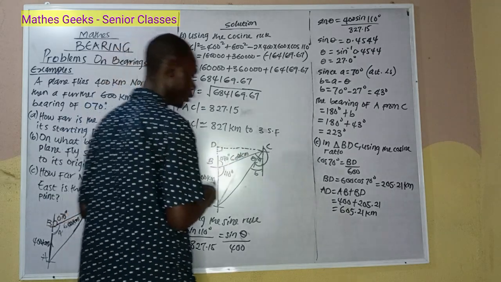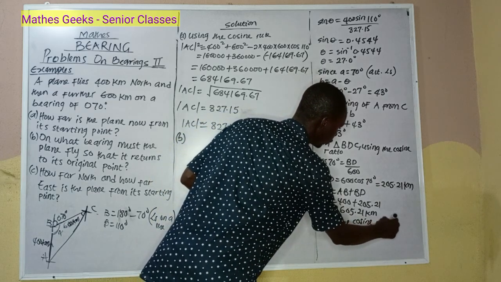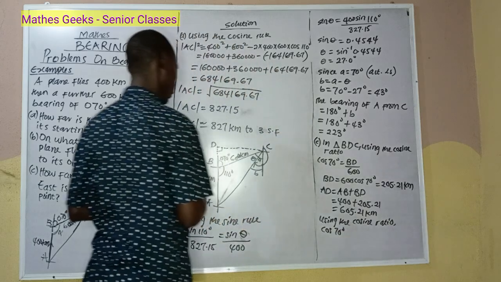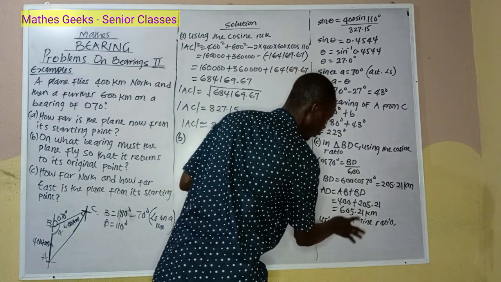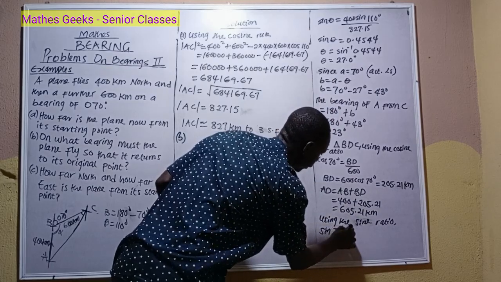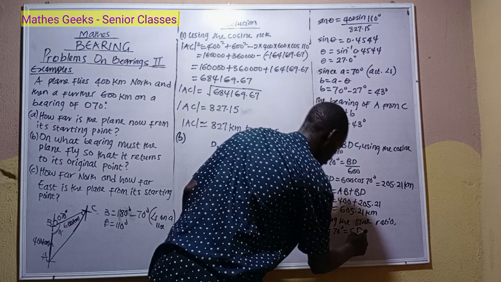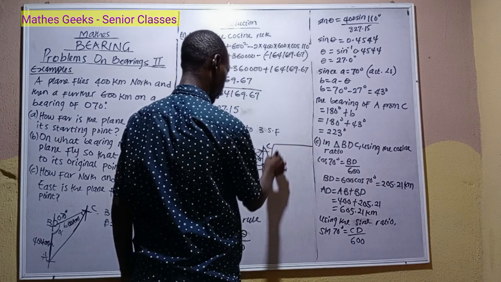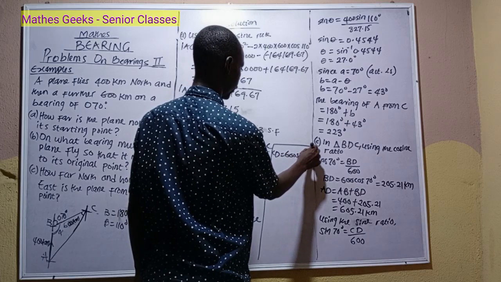From triangle BDC, using the sine ratio, sine 70 degrees is equal to opposite, which is CD, over 600. So CD is equal to 600 sine 70 degrees.